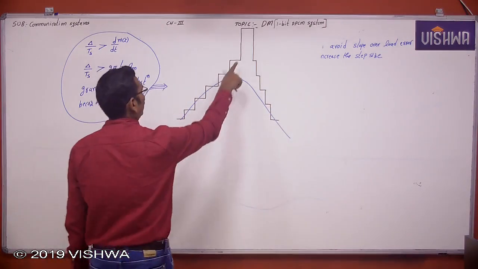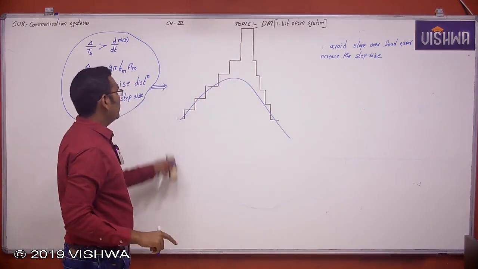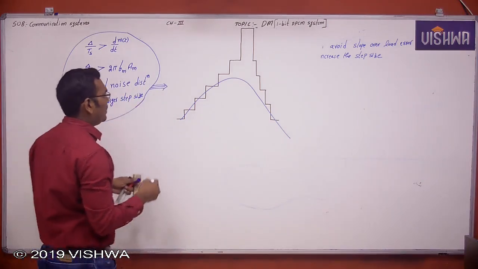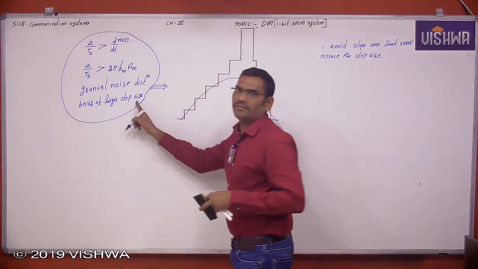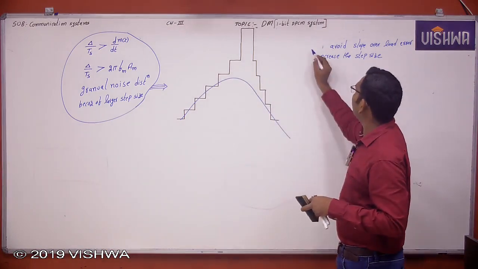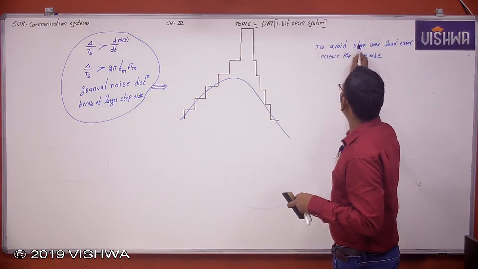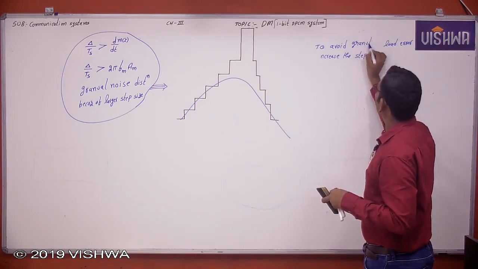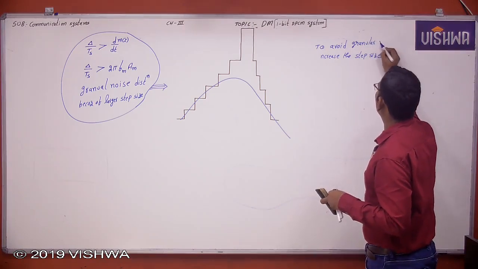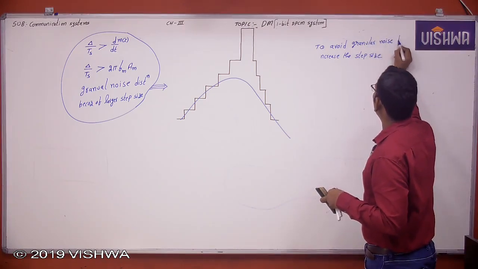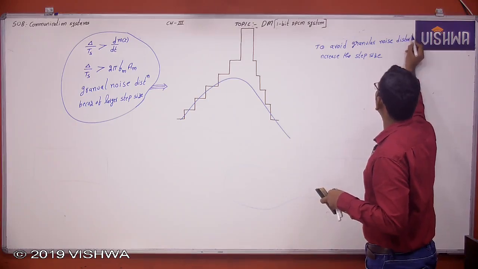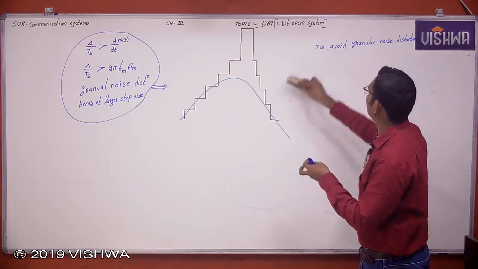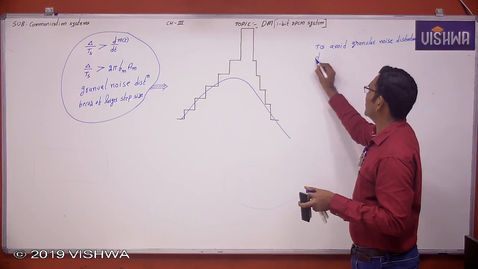So now this is the slope of the reconstructed signal, which is greater than the slope of the original message signal. Now this type of error will occur. This error is coming because of the larger step size.